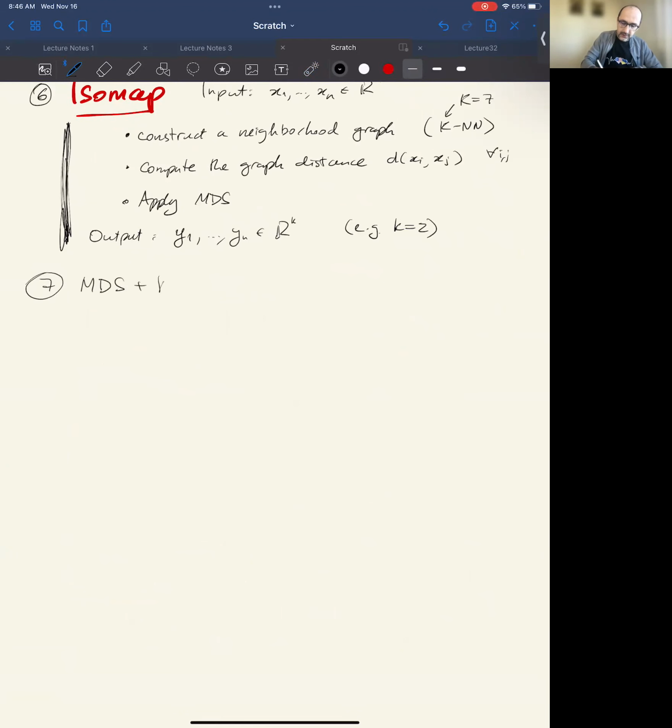MDS plus the kernel trick gives you another method, which is called SNE. It's kind of an upgrade to this. SNE, or stochastic neighbor embedding.